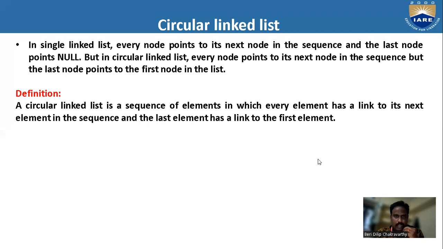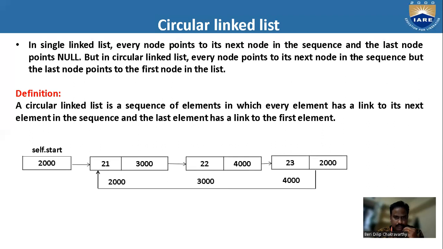We can say it is a circular linked list. A circular linked list is a sequence of elements in which every element has a link to its next element in the sequence, and the last element has a link to the first element. Okay, so this is the definition of circular linked list.